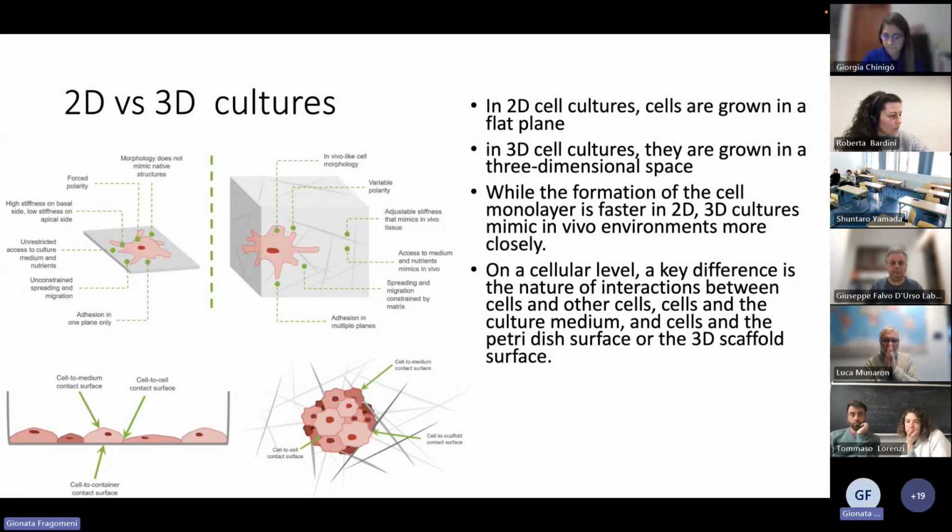I talk very rapidly on bidimensional versus three-dimensional cultures. The advantages of bidimensional cultures are associated with simple and low-cost maintenance of the cell cultures, and with the performance of functional tests.